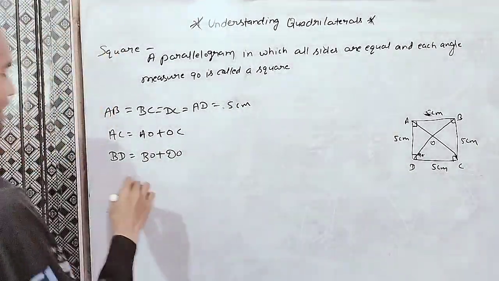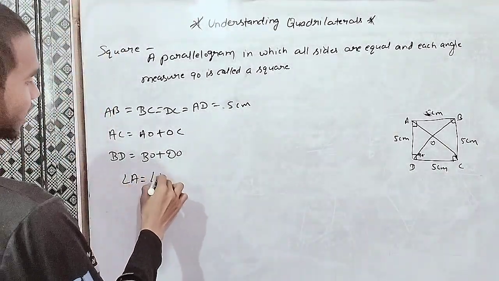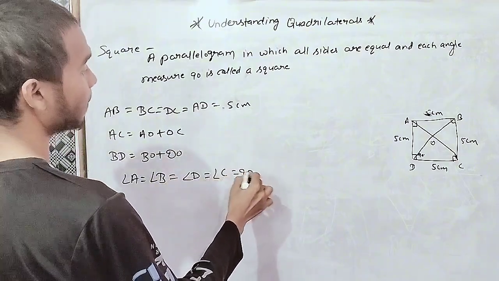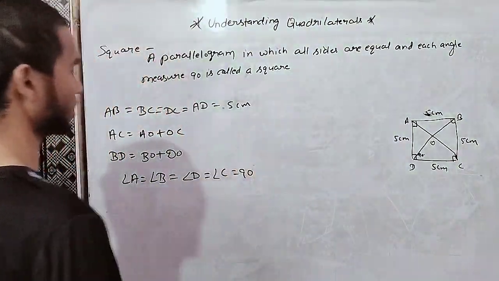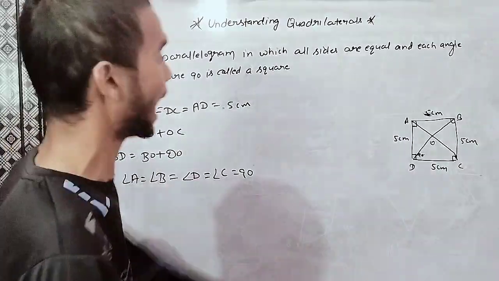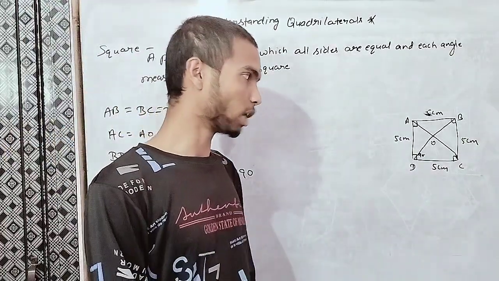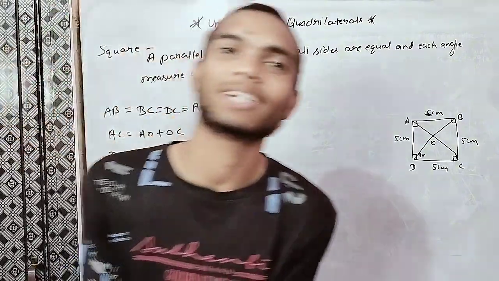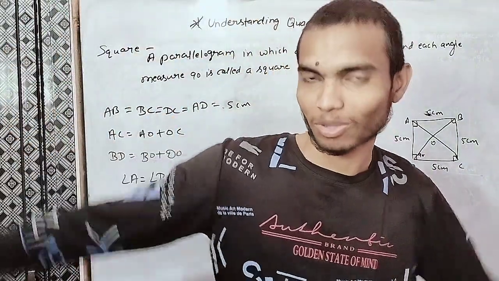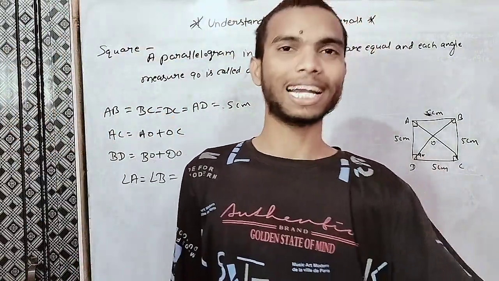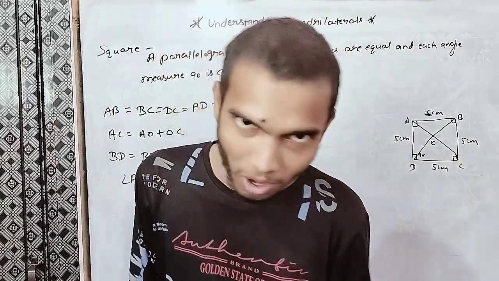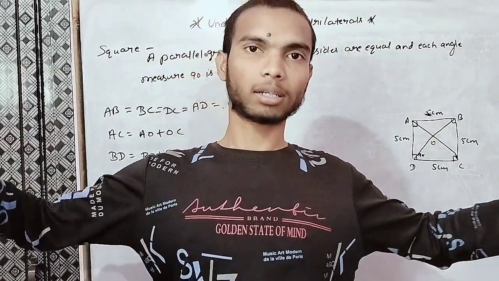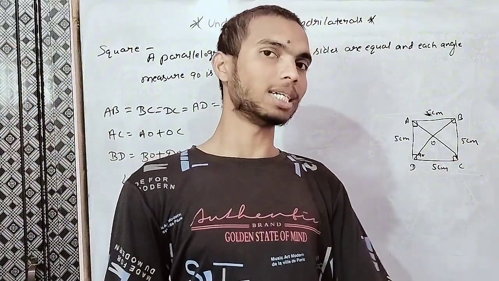Now, you can say angle A, angle B, angle C and angle D are each 90 degrees. The value of angle A is 90 degrees, and the value of all interior angles of a square is 90 degrees.